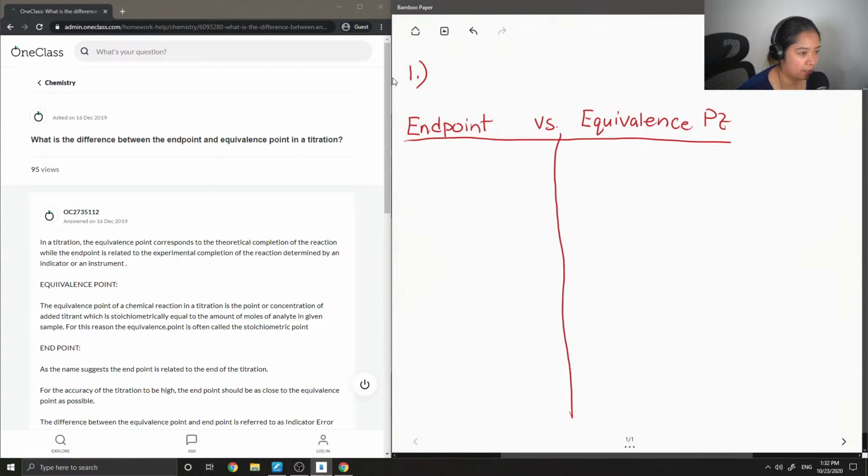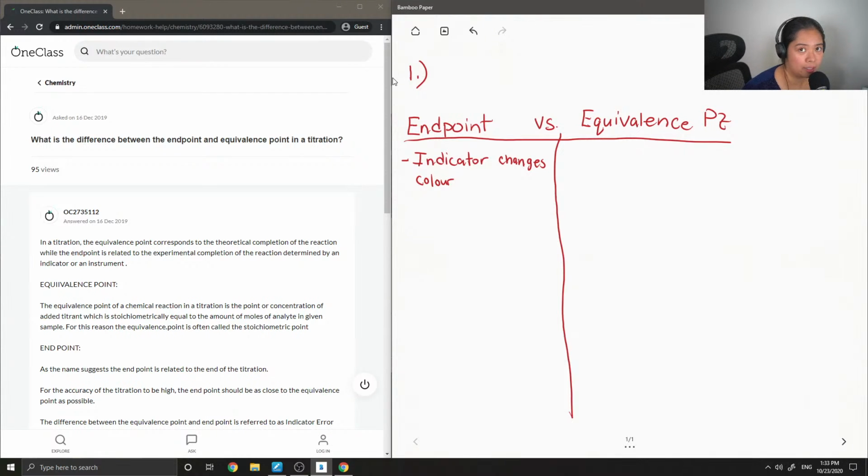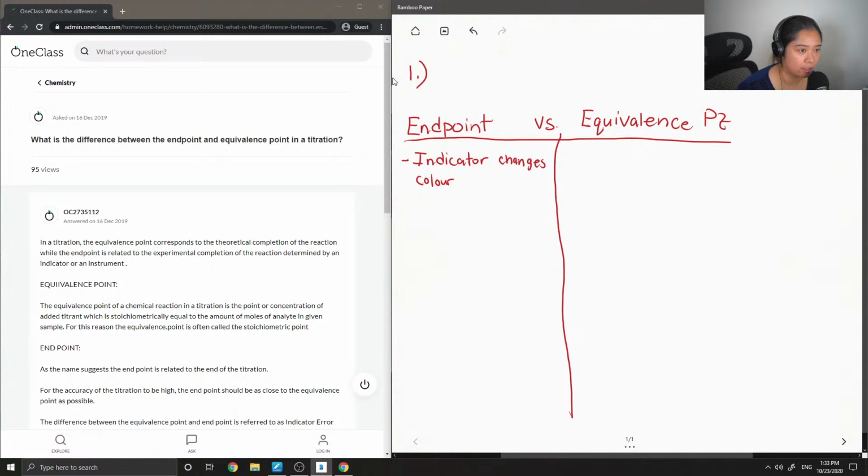Basically, the endpoint in a titration is when your indicator changes color, if you have a color changing indicator. There are other indicators such as voltage, but commonly the indicators tend to change color, so I'm just going to write that down.